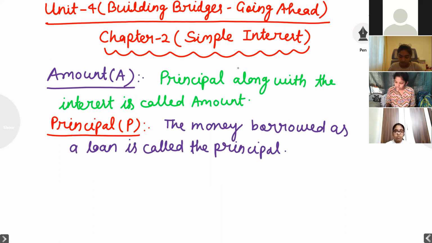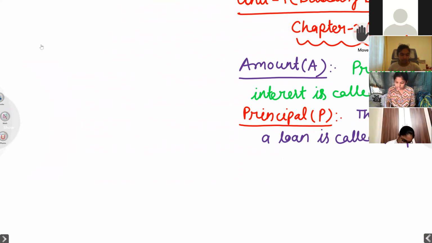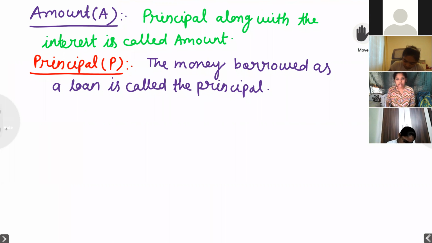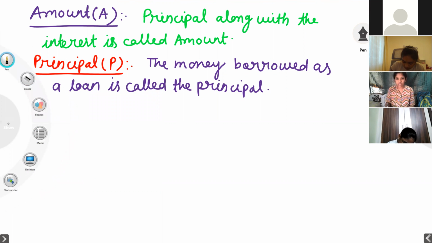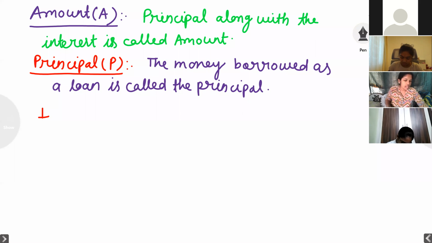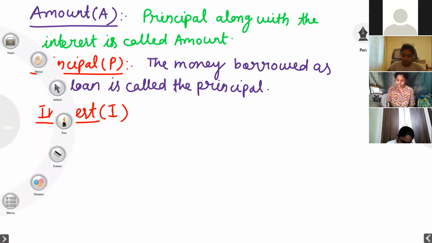Next key heading, interest. Check the spelling very clearly, everyone: interest, not intre.